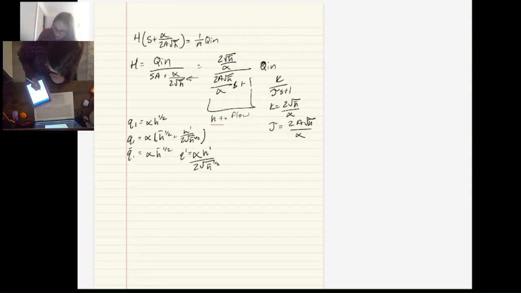And then we have as our Q for our Laplace transform, Q over 2H bar.